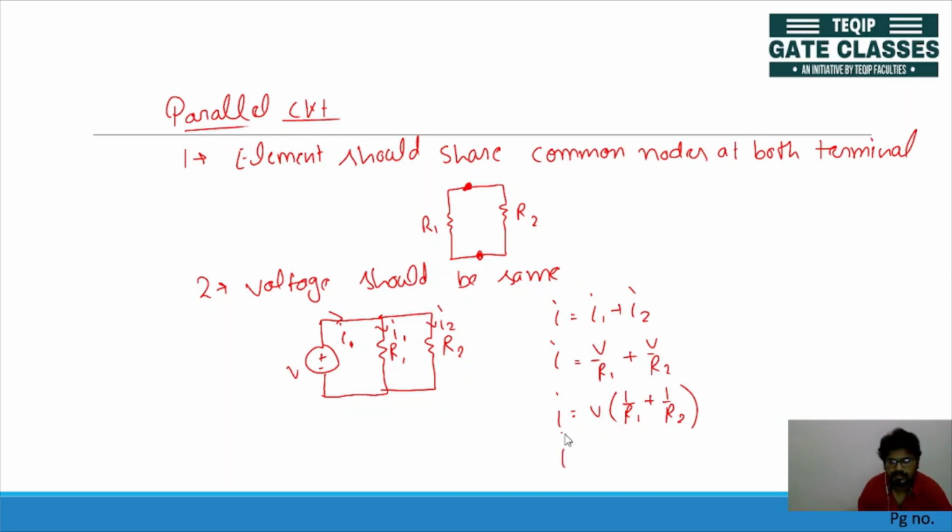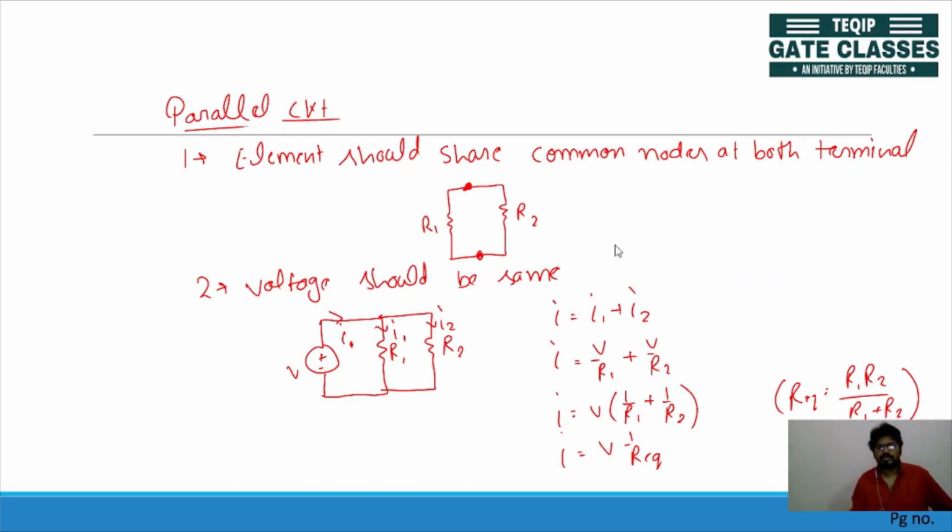So this I is equal to V times 1 by R equivalent, where R equivalent is equal to R1 R2 divided by R1 plus R2. So if we have parallel resistances, the equivalent resistance will be this.